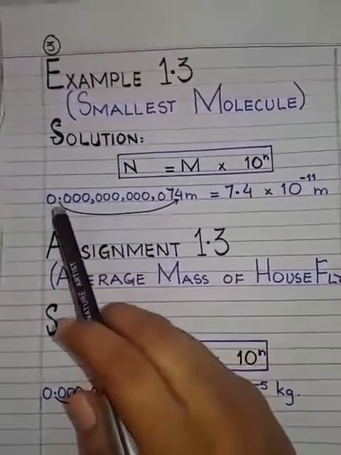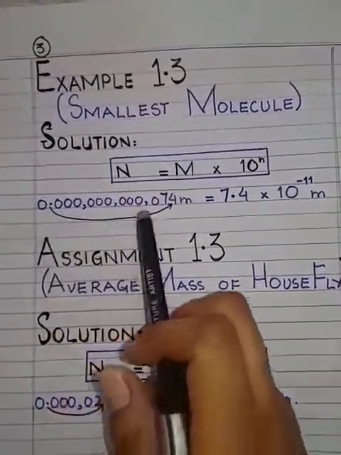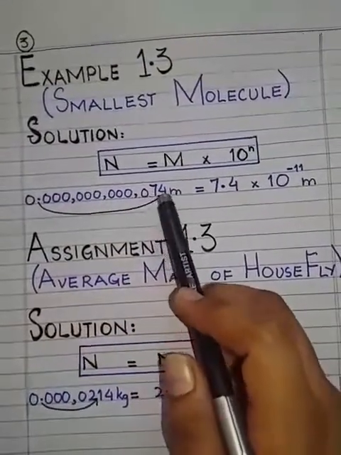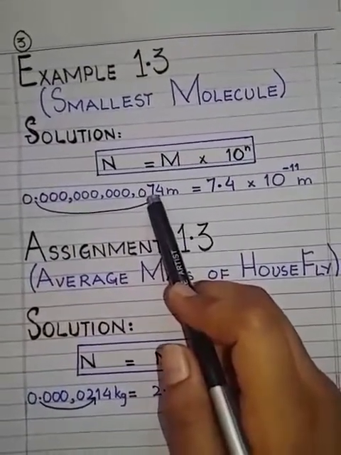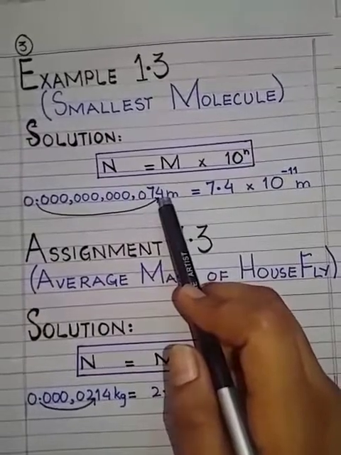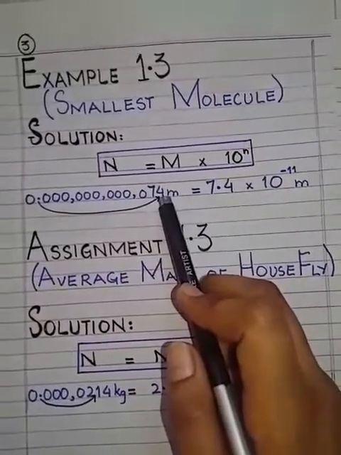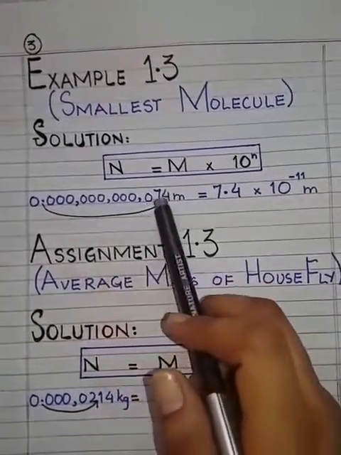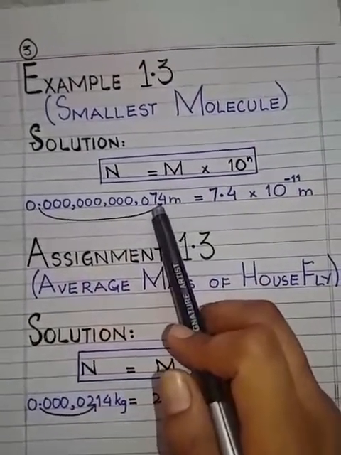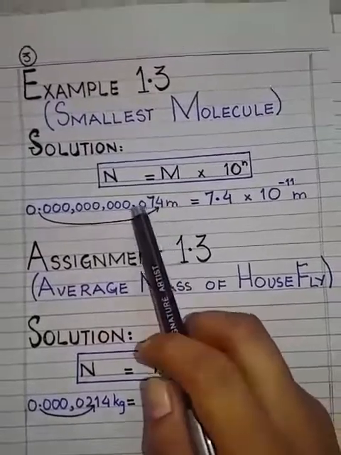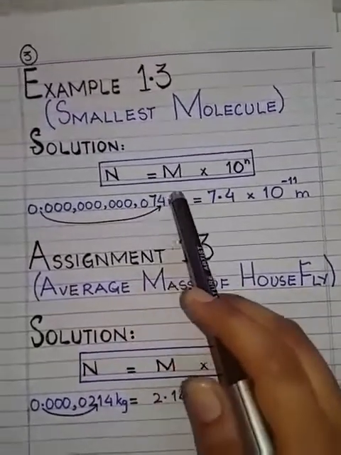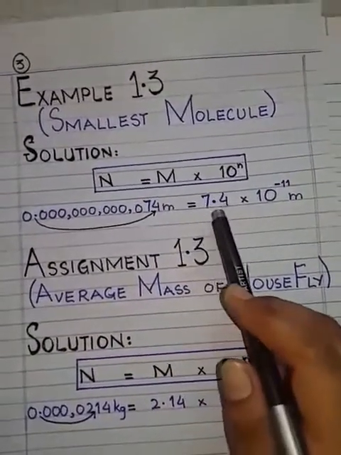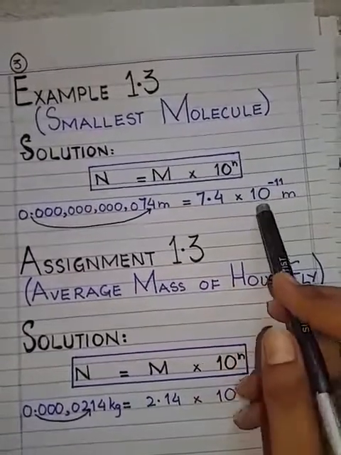As you know very well, girls, in this value 7 is the first non-zero digit and 4 is the second non-zero digit, and according to the rules of standard notation, the decimal will always be placed after the first non-zero digit. So the new notation is 7.4 into 10 raised to power.